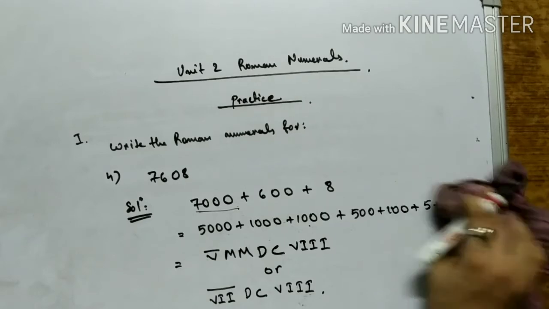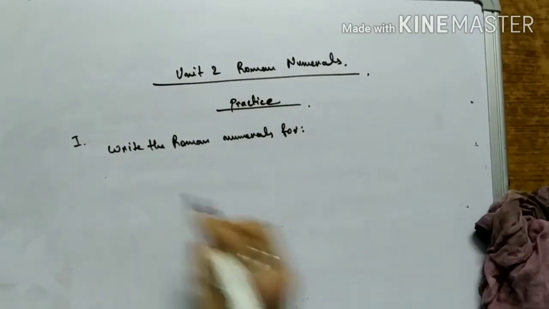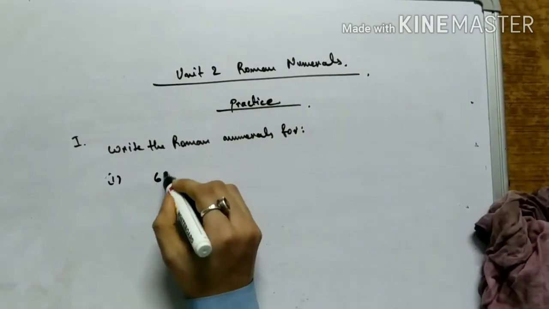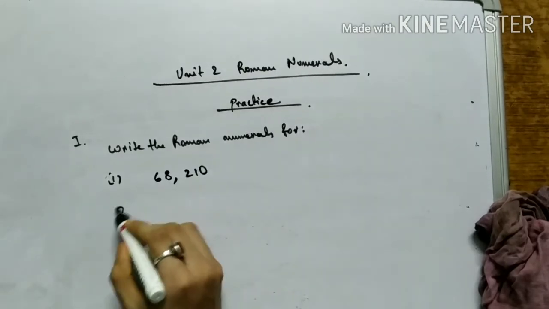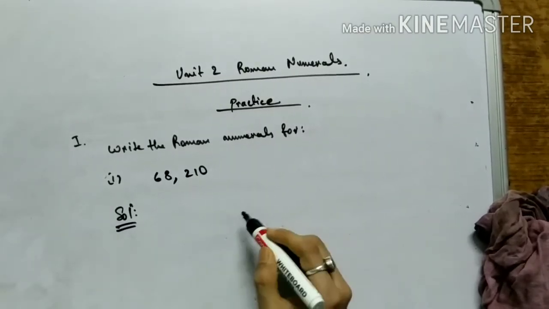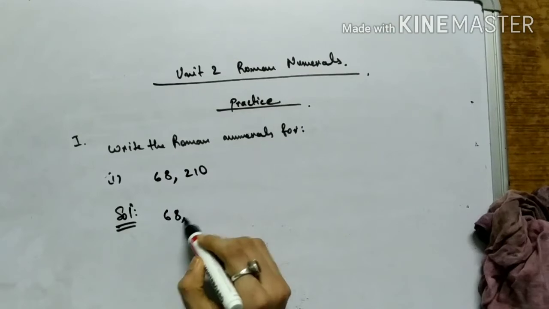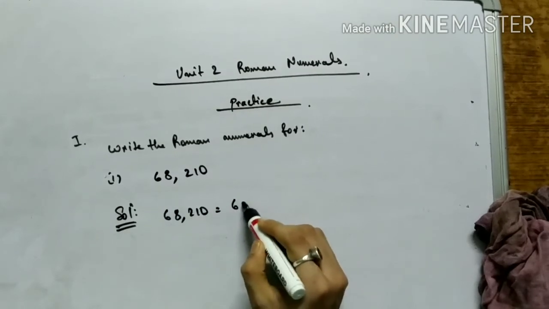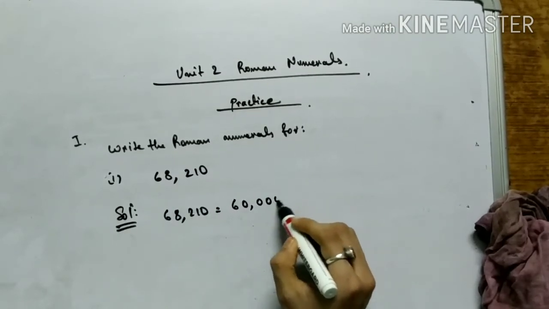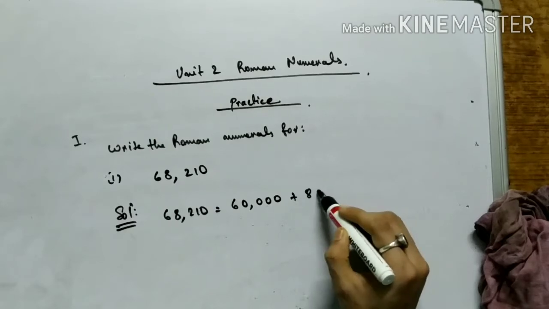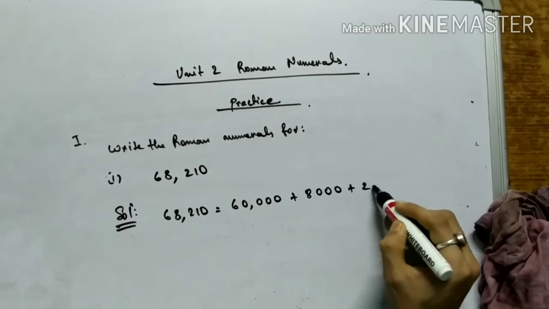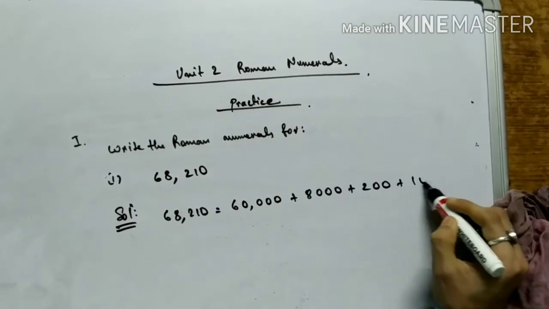Next you see, number I, it is 68,210. So 68,210 I can write as 60000 plus 8000 plus 200 plus 10.